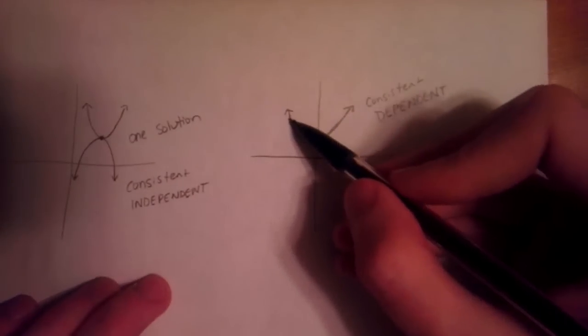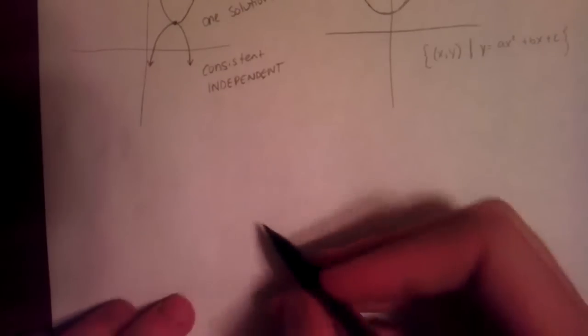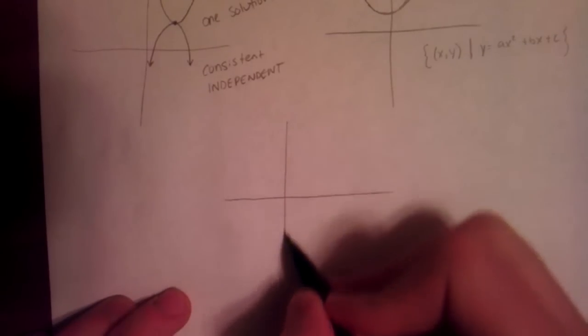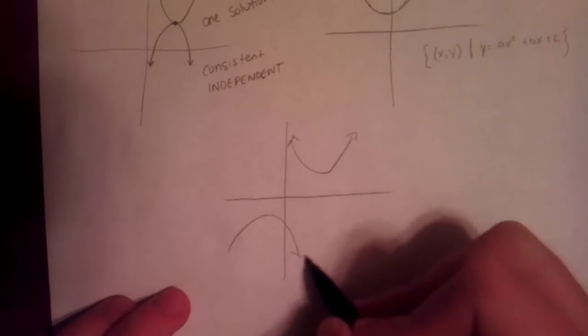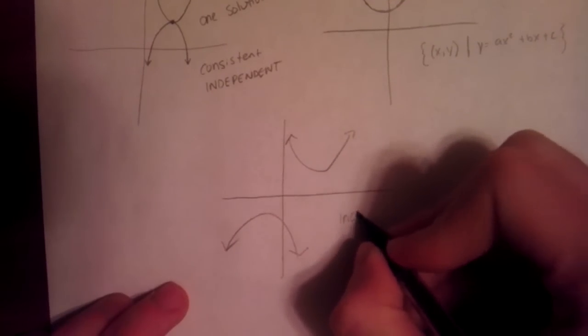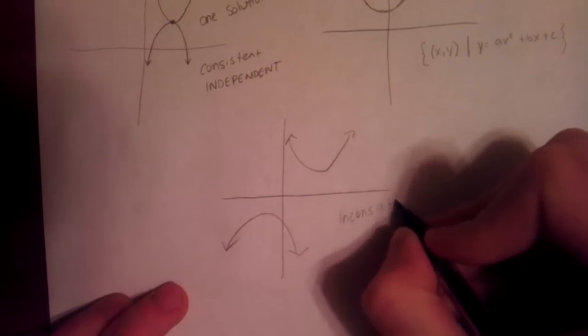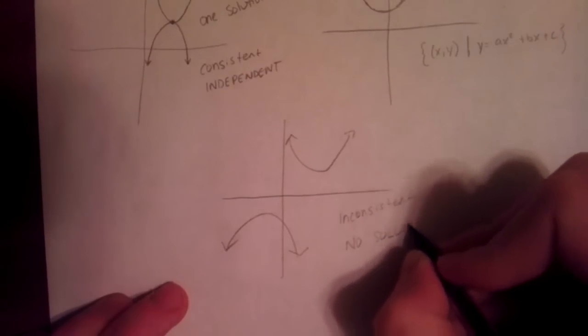If you can't count them because there's infinitely many, then it's dependent. And then finally we could have a situation where one of our quadratics does something like this, and the other one maybe does something like this, and they don't cross at all, and that system would be called inconsistent, and the solution would be, well, there isn't one, so we'd write no solution.